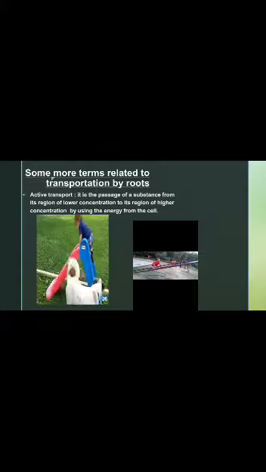Now let's look at two different videos to get the difference. In this video, you can see that the child is sliding down. And in this video, you can see that the child is trying to climb up a slide. The child who is getting down from the slide is depicting osmosis. He is coming down from a higher level to a lower level.